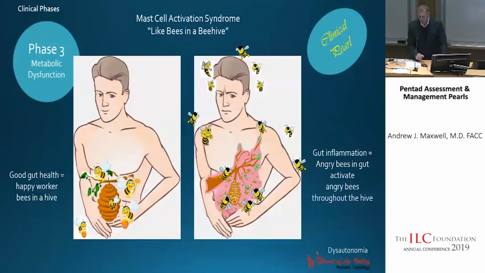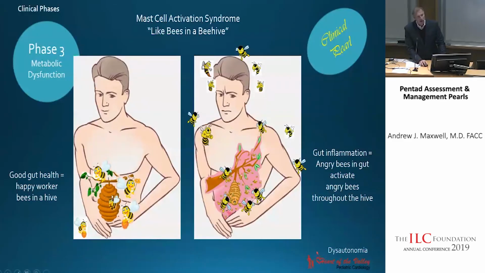Okay, here's another little random clinical pearl, but since we're talking about mast cell, I like to think of mast cell activation syndrome like bees in a beehive. And maybe that's because I keep bees myself.